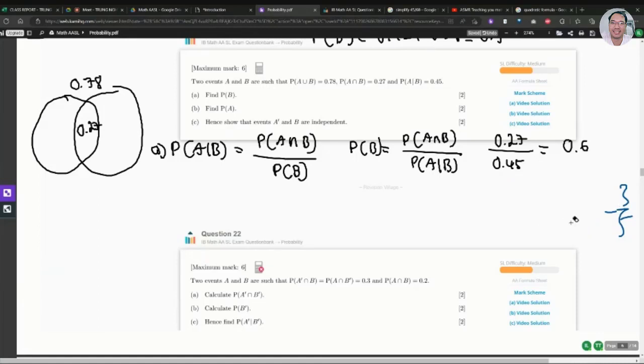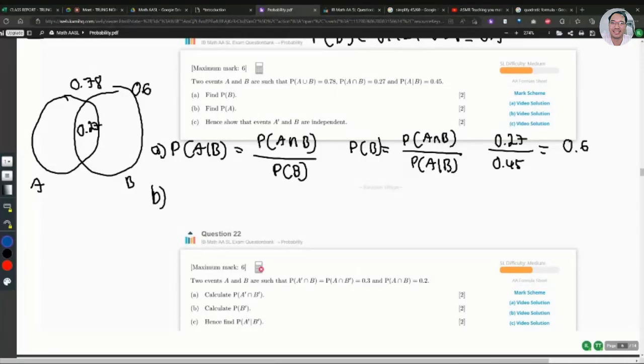Okay, question B. Let's think of how to find the probability of A. Use the combined event equation.